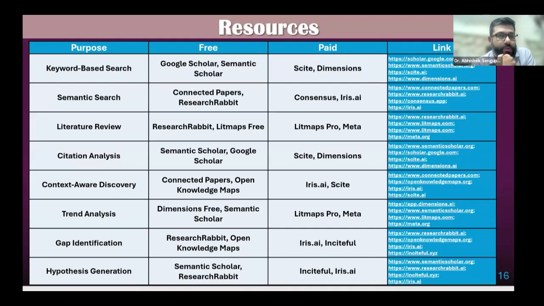This is the name of the tool. Then Research Rabbit, Litmaps, the free version. Then Research Pal. There is another one which I have not mentioned here, which is Research Pal. You can write research and then PAL. Research Pal is very useful.